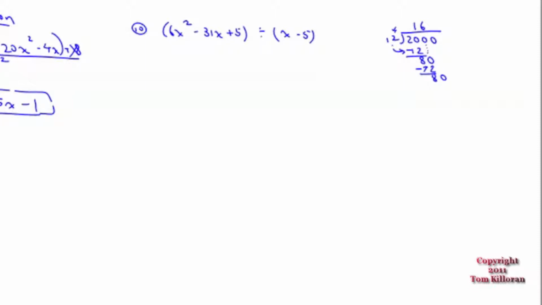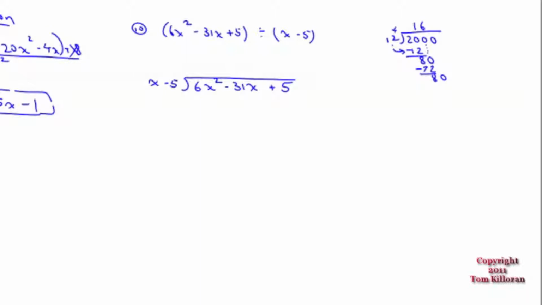So long division should work perfectly fine. So we're going to set it up as x minus 5 is going to divide into 6x squared minus 31x plus 5. I highly suggest you waste space. Do not write this really, really small, because you will find that you get confused eventually.